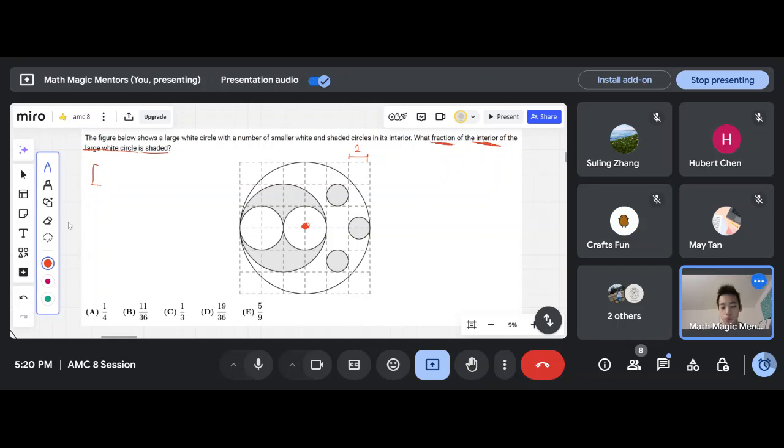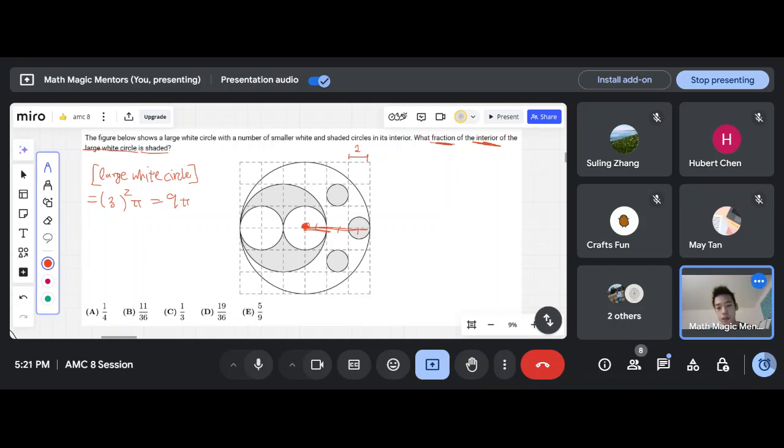Again, we denote area using brackets, so we can write large white circle like that, and that basically denotes the area of the large white circle. So what is that? The radius is going to be 3, as drawn right here, just 1, 2, 3. And so the area is going to be 3 squared pi, pi r squared. I just wrote it like that.